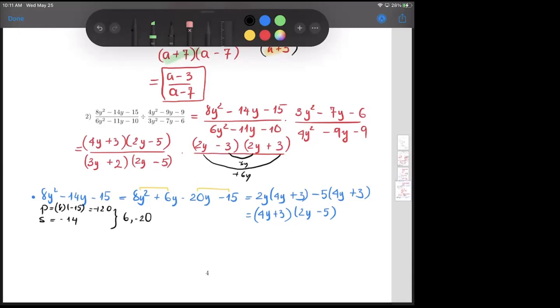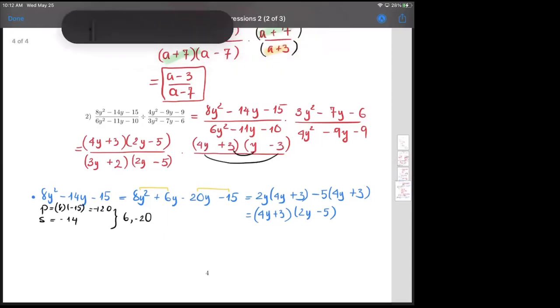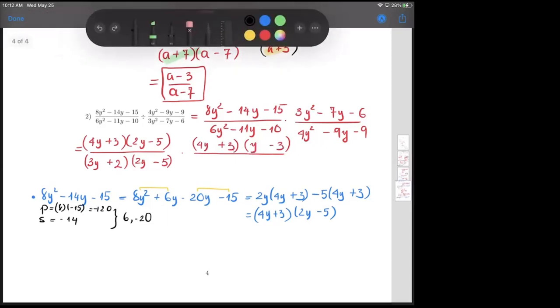Oh, cannot do that. It'd be 0, which we don't want, right? So I have to change it again. I have to change it into, say, 4y and y. And then I have negative 3 and positive 3 here. Okay, check again. 3y and negative 12y, that's negative 9y. So yay, that worked.